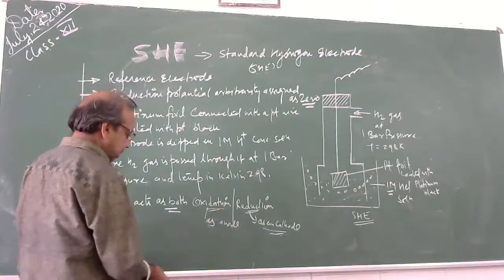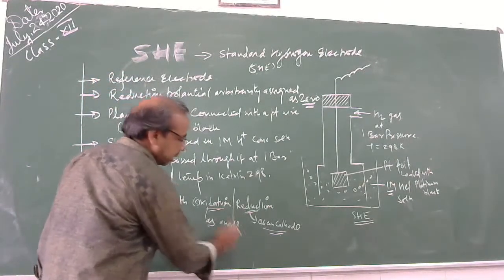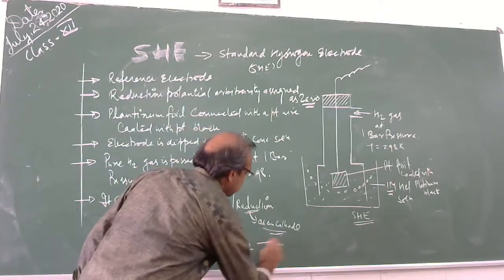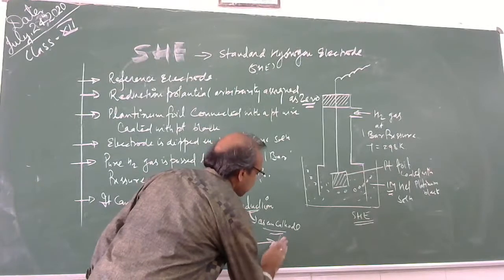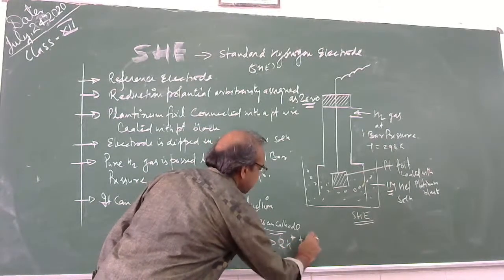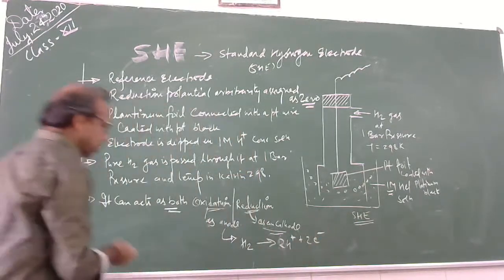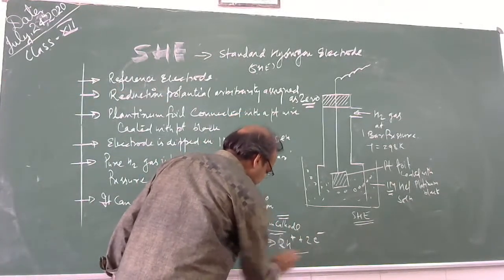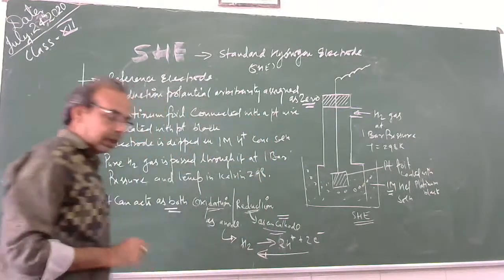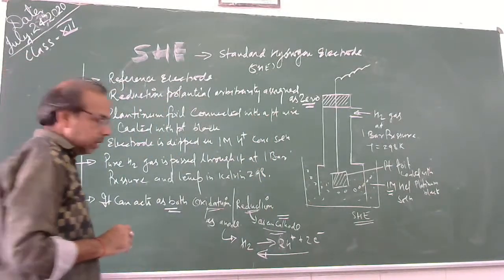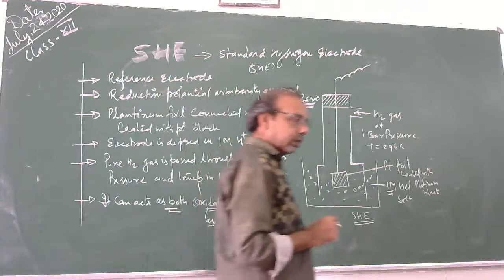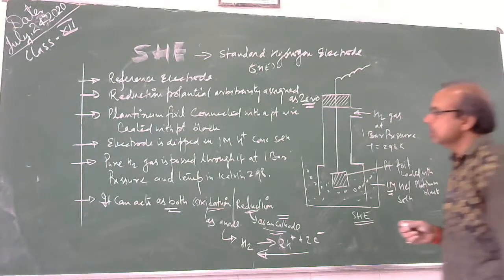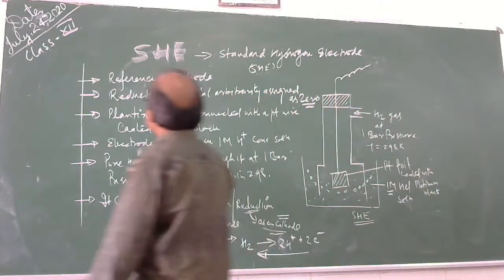In case of anode, H2 will be converted into H plus by losing two electrons. And in case of cathode, it will act as the reverse condition. So it is the standard hydrogen electrode, and it acts as a reference electrode.